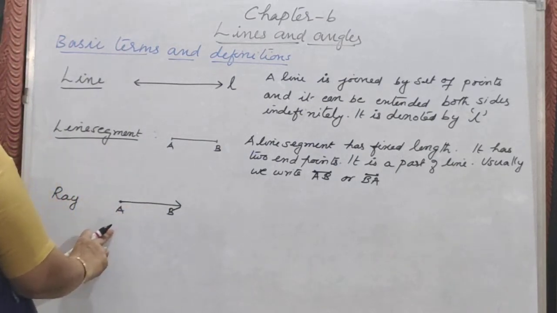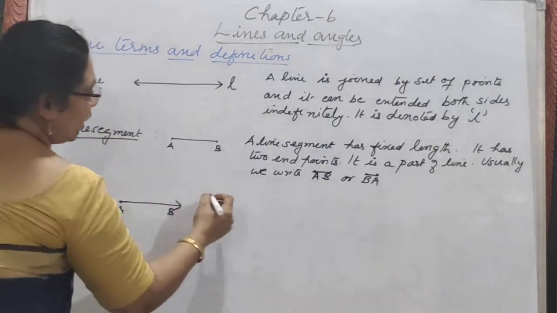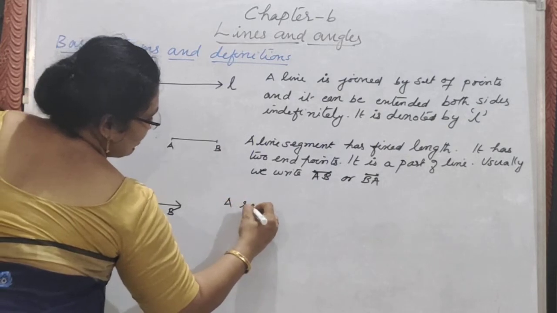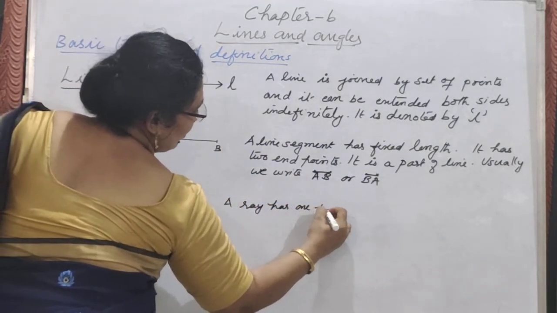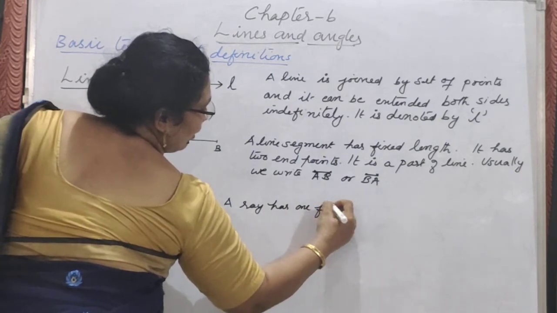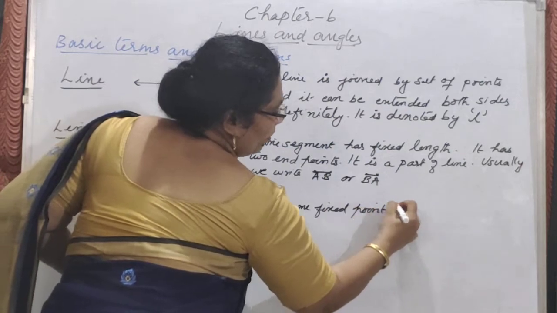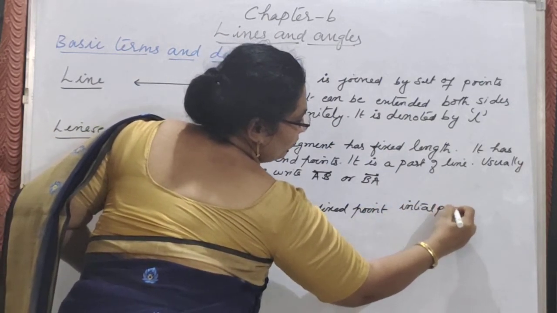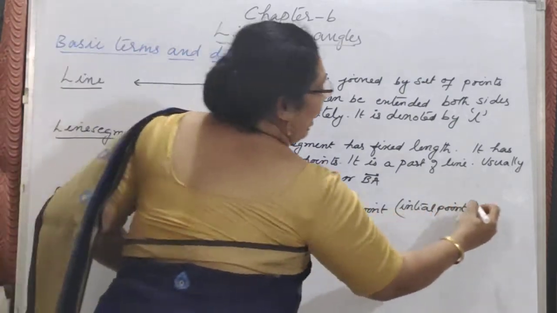The initial point is there, and that we should say first. So a ray has one fixed point, that is the initial point, we can say.